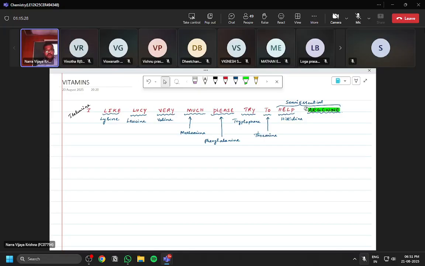What do essential and non-essential amino acids mean? Essential amino acids must be taken through diet. So here I am writing essential amino acids.